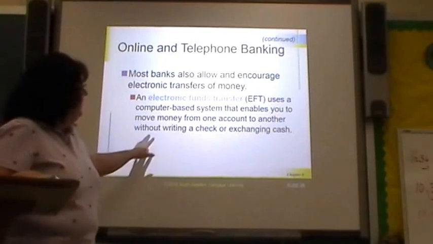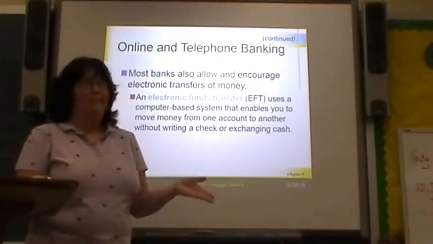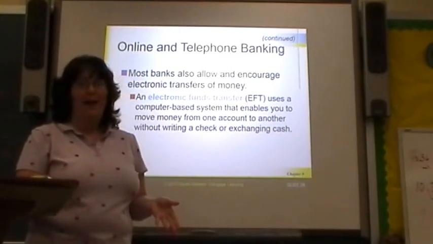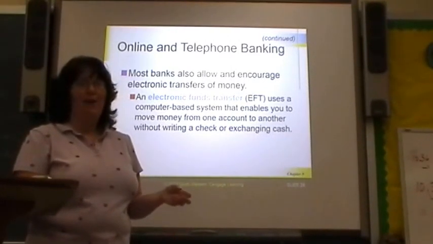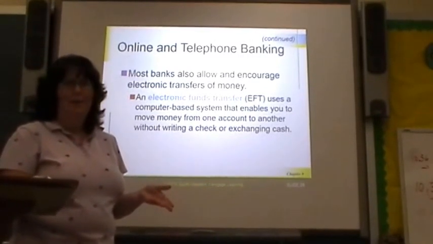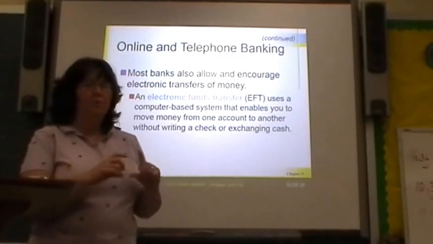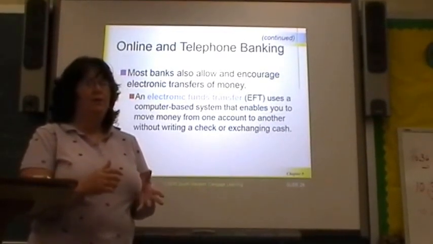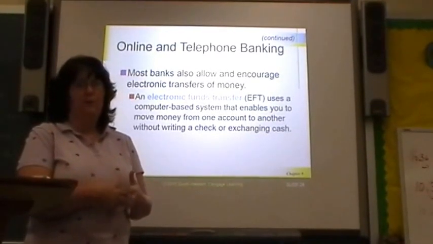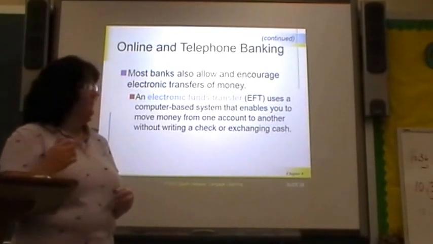You can use an EFT, or you can pay your car loan bill online instead of having to drive to another town to take care of that business. Or you can still mail them a check. The EFT is going to give you a confirmation code right away, though, that you can write in your check register, and so that makes it just a little bit more secure than the mail.